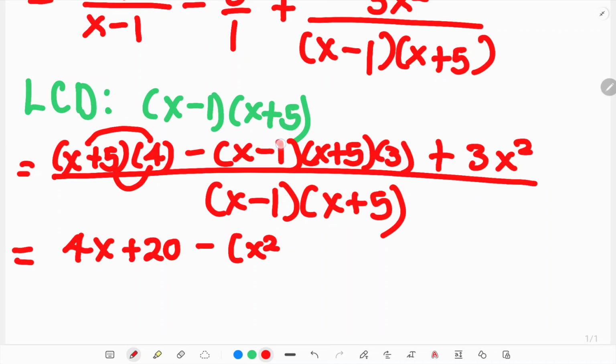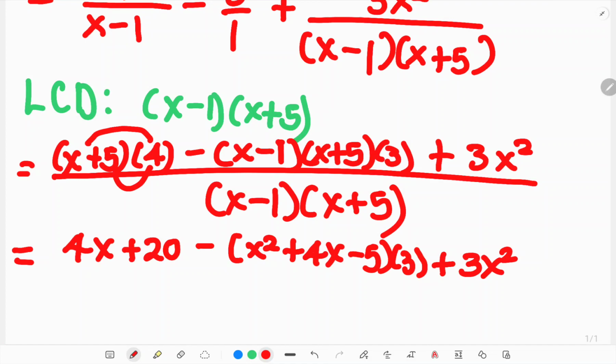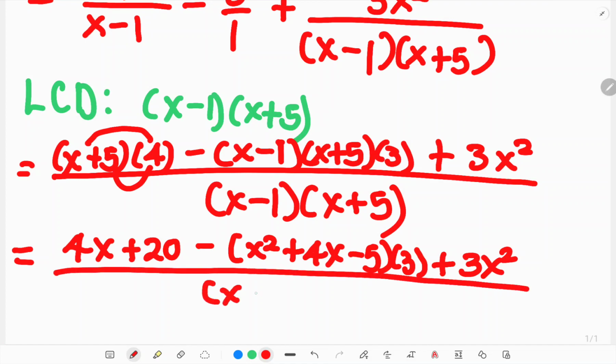This should be a minus 1. It's just a mistake because I was talking about the 3. And then what is this? This is x squared plus 4x minus 5, multiplied by the 3 outside, plus 3x squared, right? Over this whole thing, x minus 1, x plus 5, right?